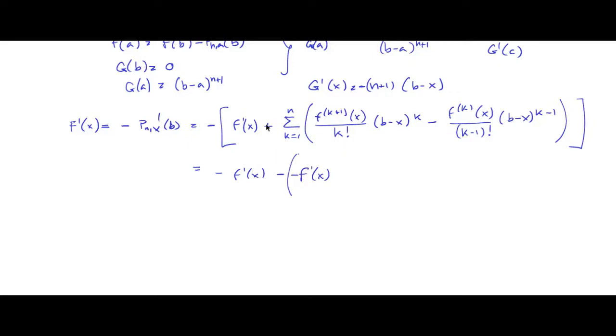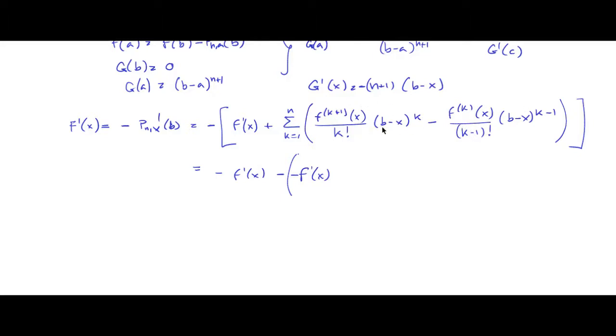This is minus all of this sum, and the first term is negative, and then every term gets cancelled out, right? The next term here is the second derivative divided by 1 factorial times (b minus x) to the 1, which is the first term in the previous sum, and so the second term here is the third term, the fourth term, and so on, right?